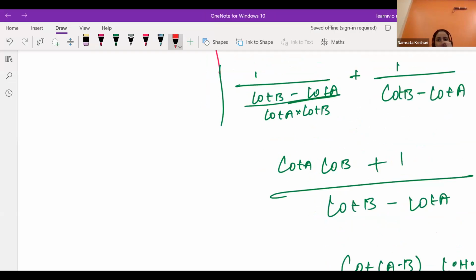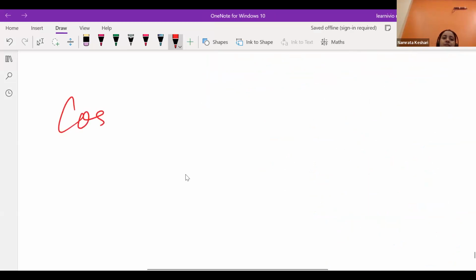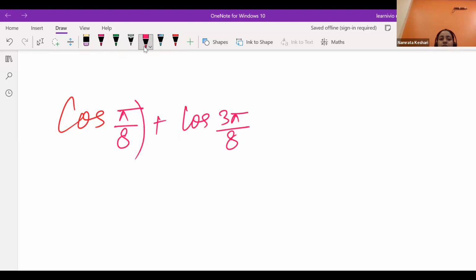Cos pi by 8 plus cos 3 pi by 8. I think I've written it incorrectly. Ma'am, pi by 8 is in bracket, like this.